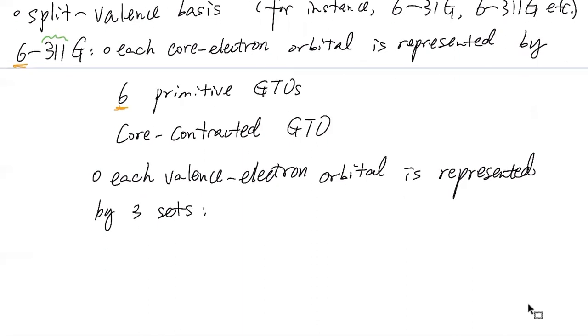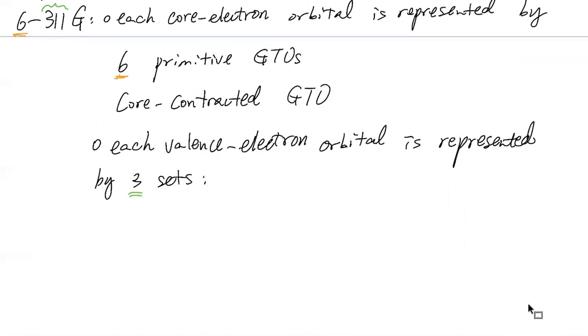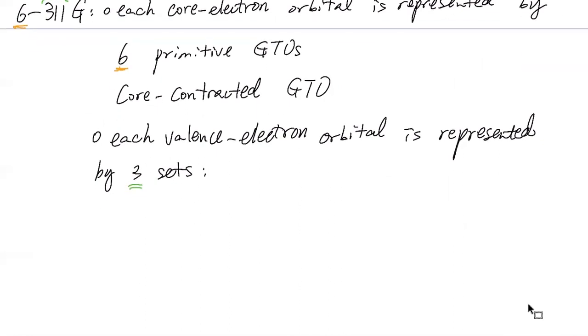That means for each valence electron you have 3 sets of Gaussian orbitals. The first set includes 3 primitive Gaussian type orbitals.